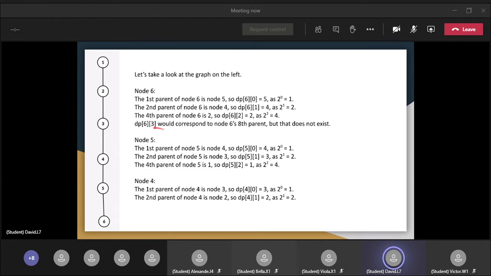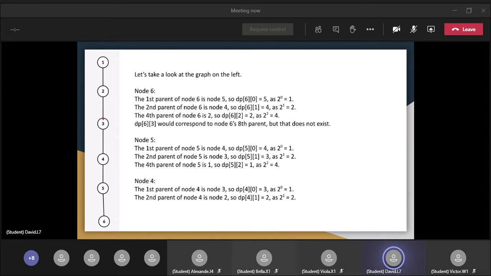DP of 6, 3 would correspond to node 6's 8th parent, right? So 1, 2, 3, 4, 5. And then there's nothing else, right? So this doesn't exist. That's what the DP values for node 6 will store. If we take a look at node 5, the first parent is node 4. So DP of 5, 0 is 4. The second parent of node 5 is node 3.